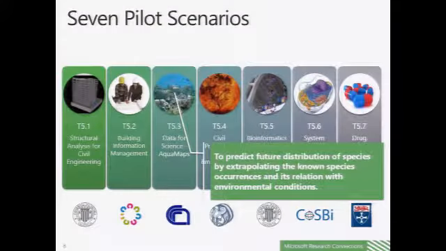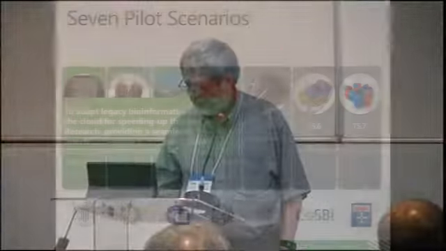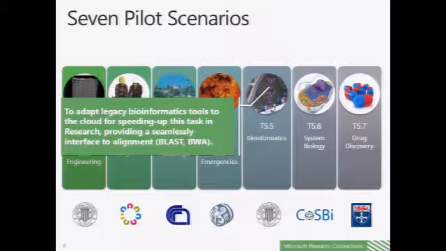Another project was looking at the distribution of species in a variety of places, and occurrences in relation to environmental conditions. Then we have the Greek fire one, which I'll skip for now. Bioinformatics tool. We had a lot of success with bioinformatics tools, and I noticed that there's a number of the projects here related to bioinformatics.